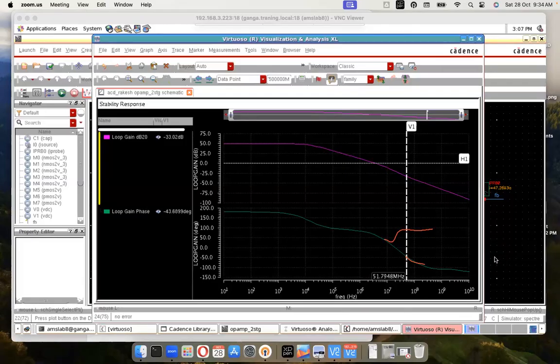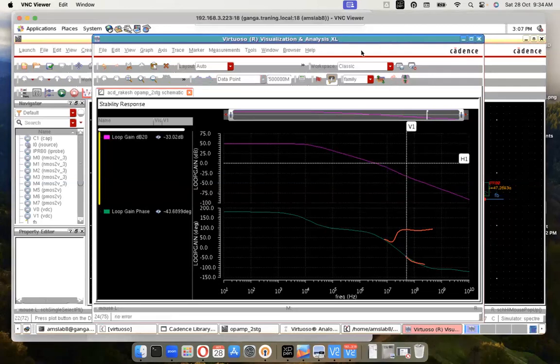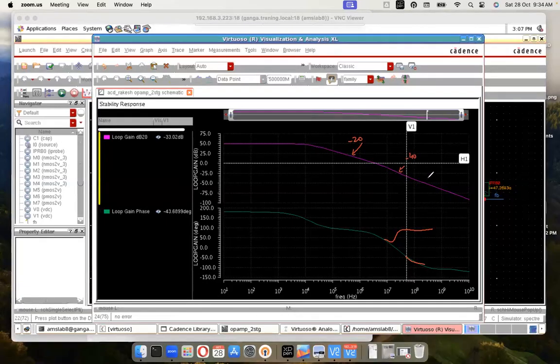Now, why did I figure out that it is a zero? That's because if you look at the curve very carefully, somewhere here, let me annotate, it is minus 20 dB per decade. Then it further degrades and becomes minus 40 dB per decade. Somewhere around this location, it improves again to around minus 20 dB per decade.